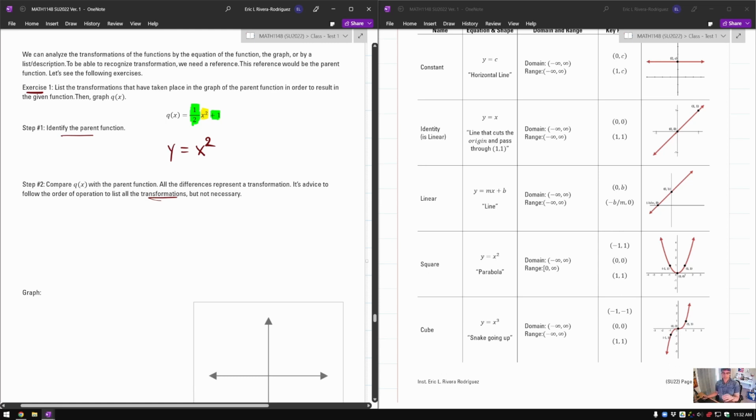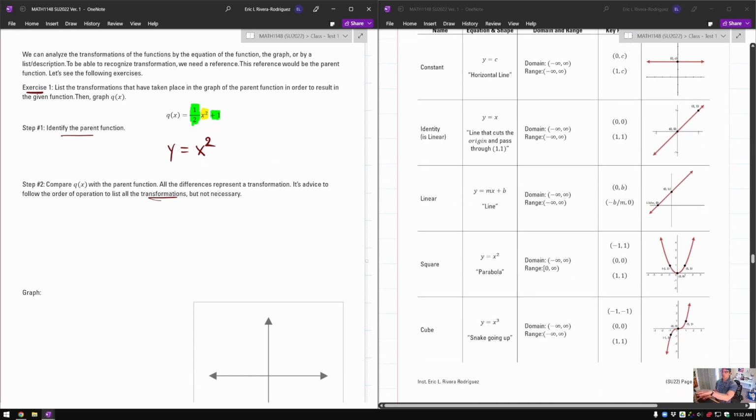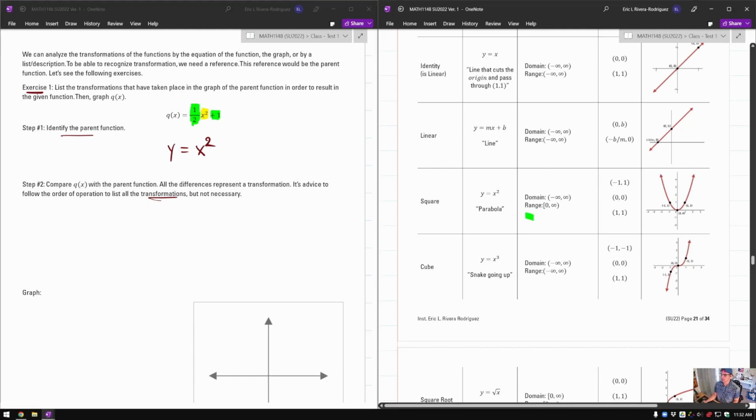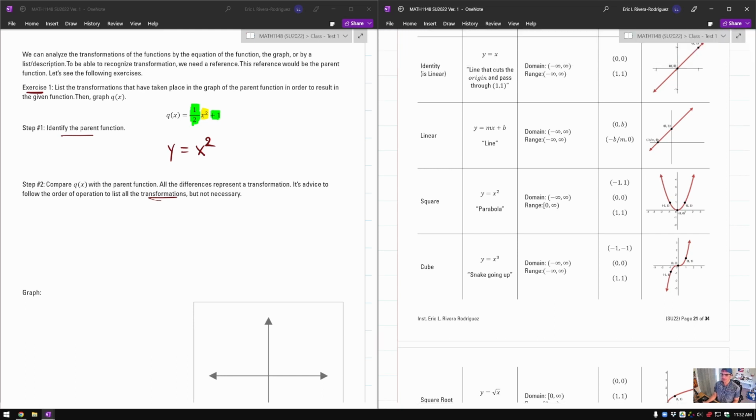Okay. On the left side, I have the exercise. On the right side, I have the table of library of parent functions. So in the library of parent functions, whenever you are given a function, you go to the library of functions and identify the parent function of the function given in the exercise.